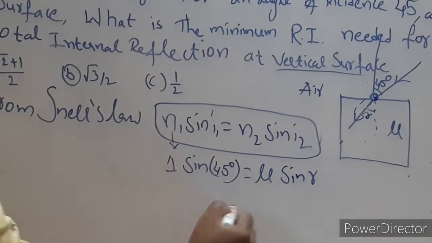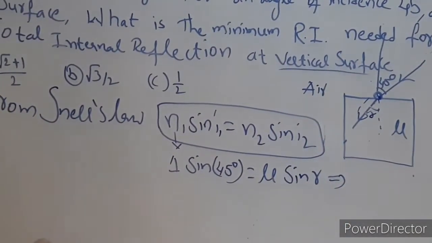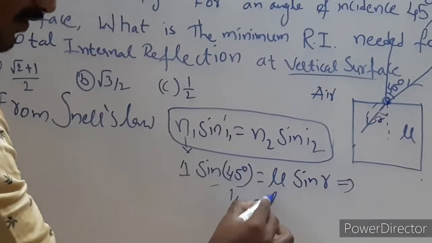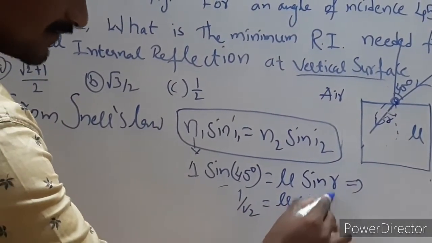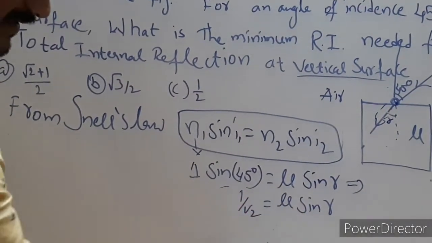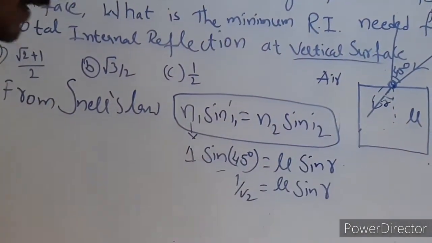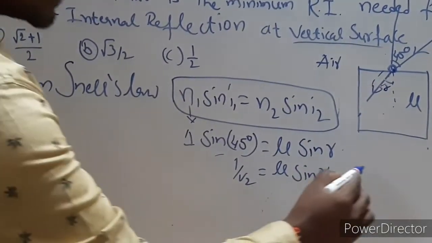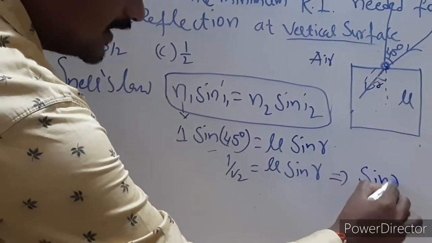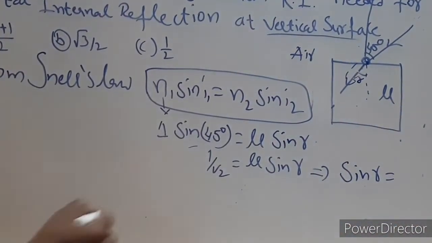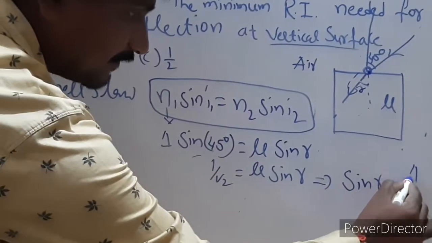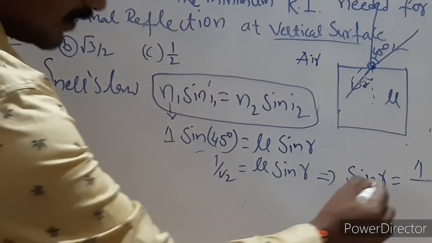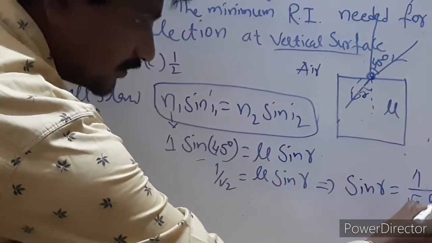So from this I can write sine 45, 1 by root 2, equals mu sine R. So if I make sine R the subject, sine R equal to 1 by root 2 mu.